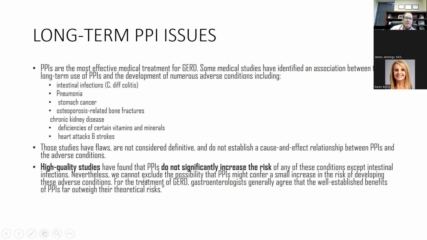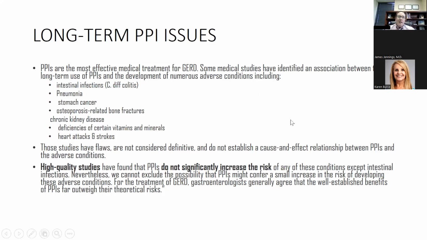High quality studies have found that PPIs do not significantly increase the risk of any of these conditions except C. diff. Nevertheless, we cannot exclude that PPIs might confer a small increase in the risk of developing these adverse conditions. For the treatment of GERD, gastroenterologists generally agree well-established benefits of PPIs far outweigh their theoretical risks.